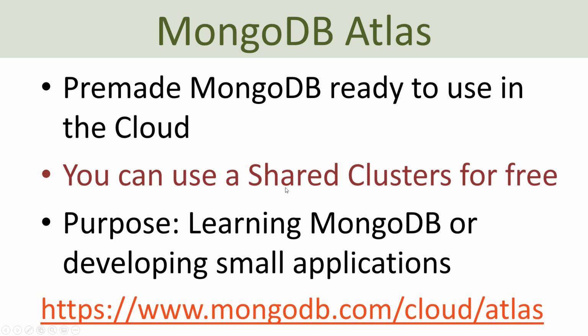So you can use a so-called shared cluster for free. And the purpose with this shared cluster is for learning MongoDB and to develop small applications. For larger applications, you typically need to pay in order to use this MongoDB Atlas, the cloud version of MongoDB. So you find MongoDB Atlas at this location.